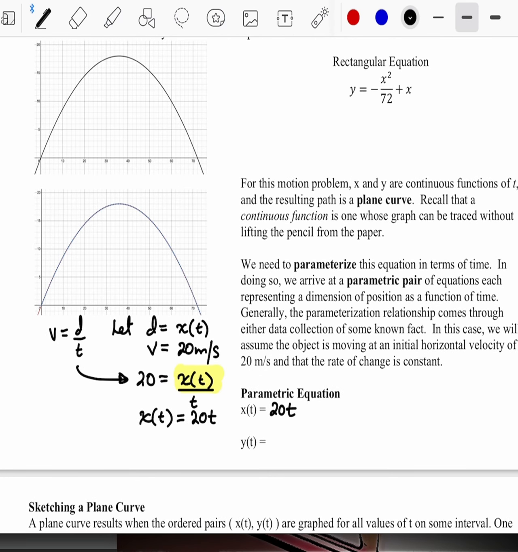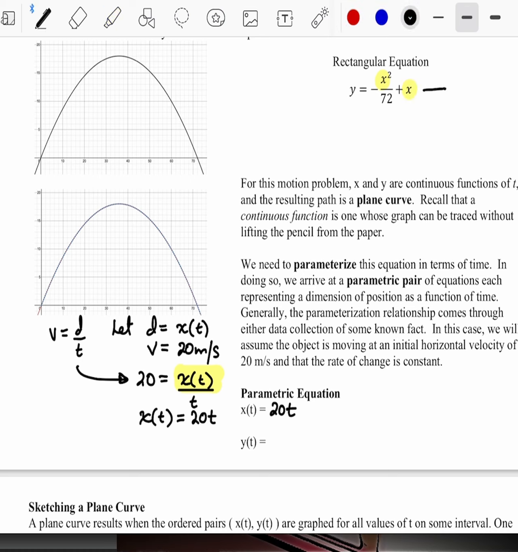Now, we have a relationship between y and x. If I know that x is a function of time, then I can actually go up to my rectangular equation here. All right? I know that y is also going to be a function of time. I can replace every one of these x's, because x again is a function of time.